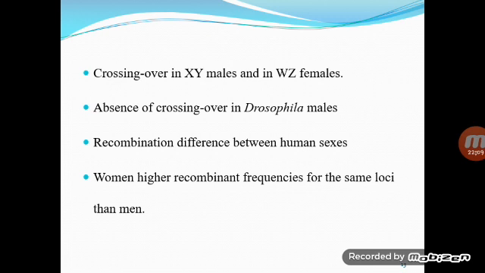How double recombinants vary due to the interaction of crossing overs. This is overall called interference of the genes of the crossing overs during meiosis.